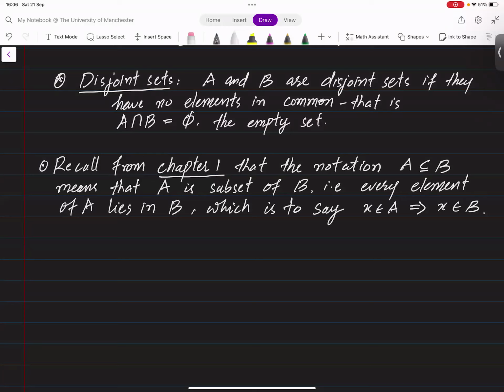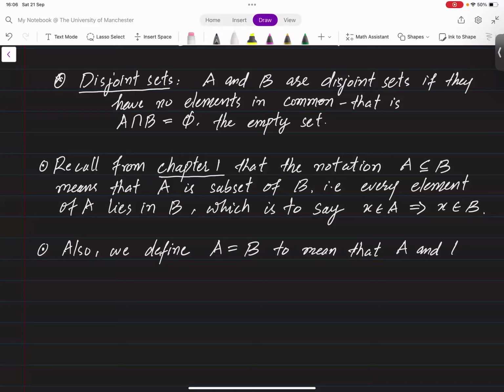Also, we define that A is equal to B to mean that A and B have exactly the same elements.